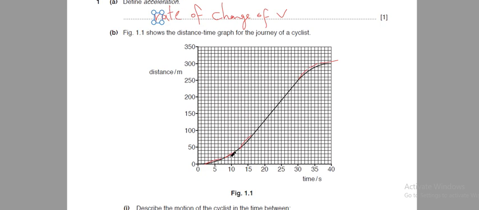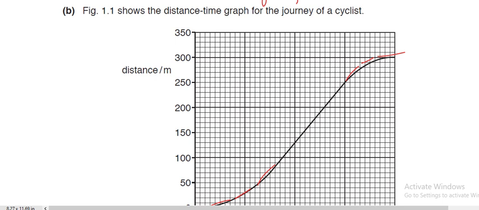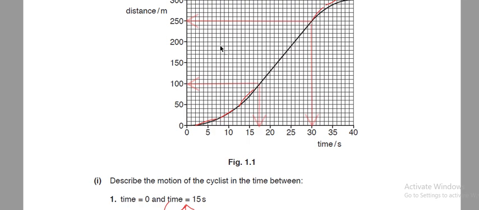Maximum speed: as we saw in the first portion, the slope increases until it reaches this constant slope and then decreases, so this will be the maximum. To find it we should find two points on the graph. Let us choose, for instance, the points 250 with 30 and 100 with 17.5.